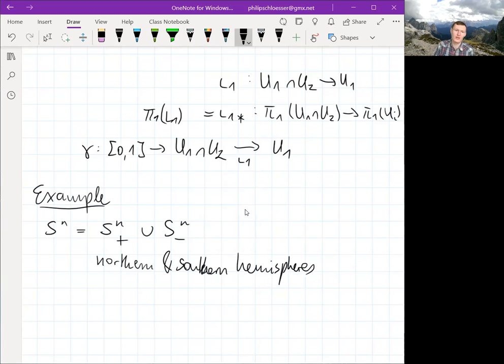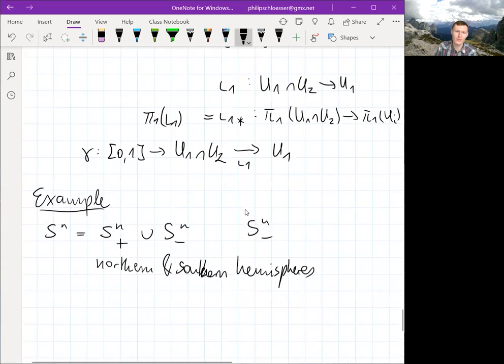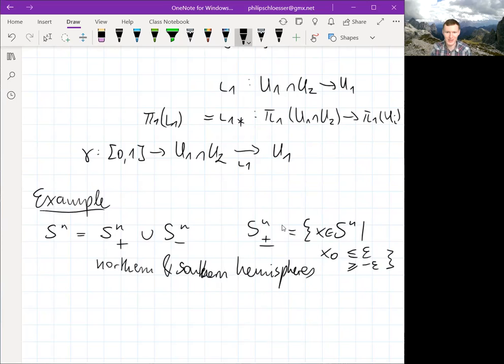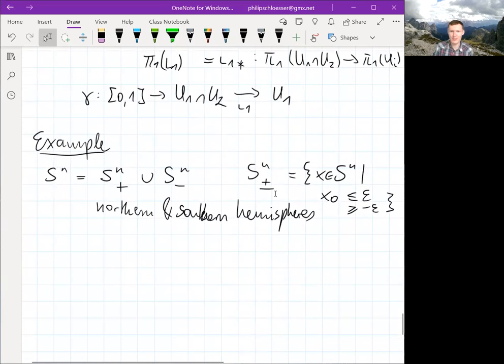For example, just say that those hemispheres are the sets where the 0th coordinate is smaller than epsilon or bigger or equal to minus epsilon for some epsilon bigger than 0, because we want them to overlap.